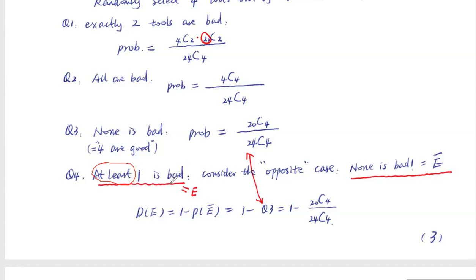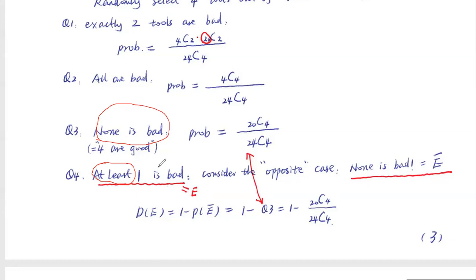Follow me? So the opposite is what? The opposite is all of them are good. None of them is bad. Everybody, is that the opposite of question number 3, you see? So in other words, question number 4 and question number 3 happen to be opposite to each other.